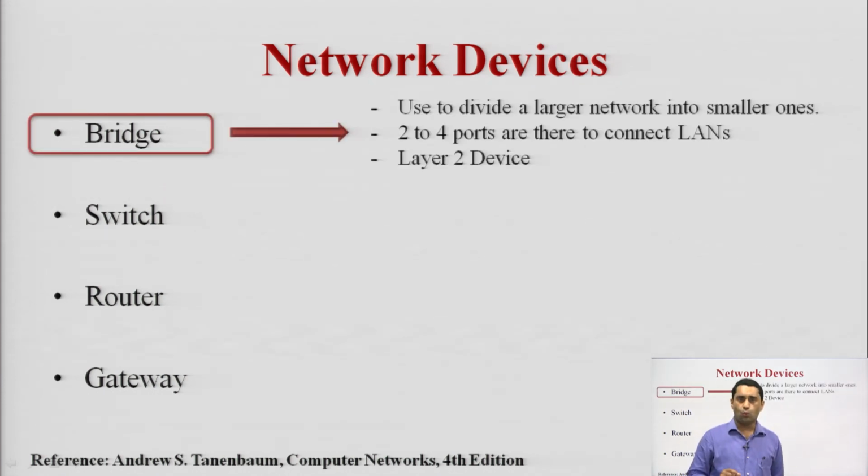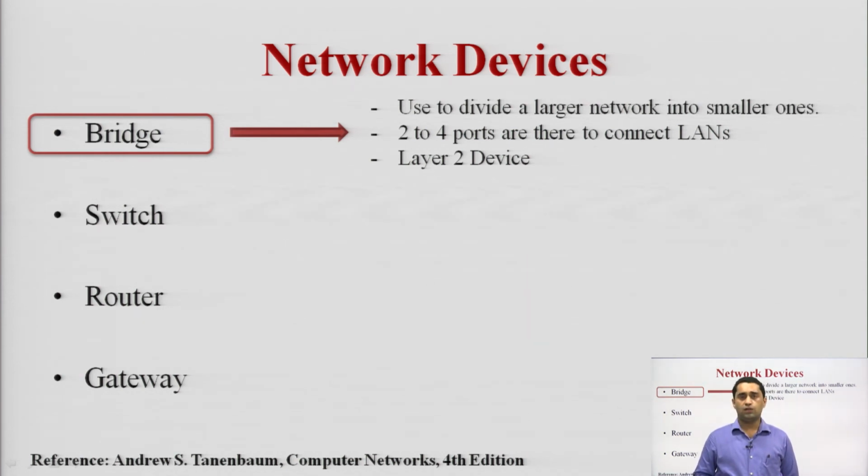A bridge is something which is used to connect LANs. Suppose in your lab there is one particular hub where all the 20 or 30 PCs are attached, and if you want to send data in a network, then you can send it easily. But there is one lab on the right side of your block, and there is another lab on the left side of your block, and you want to connect these two labs.